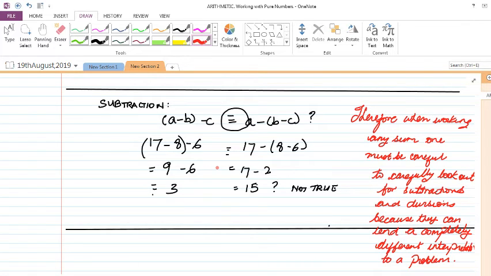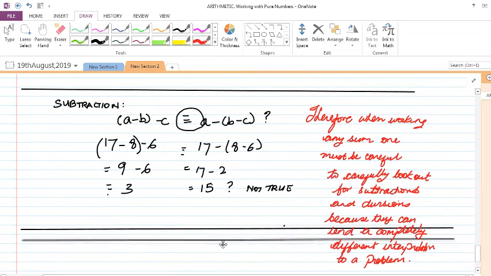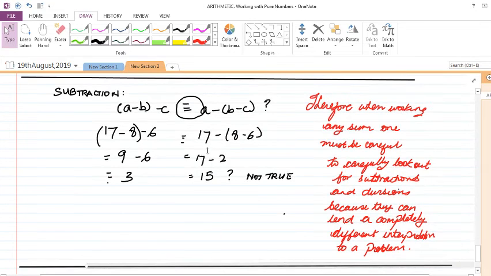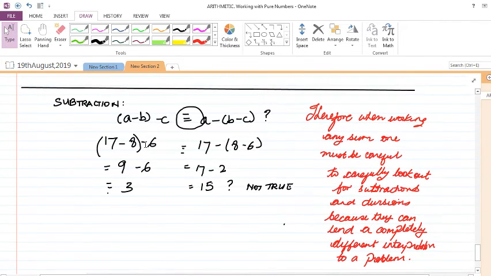Right, so most students have a problem recognizing these things being problematic when they're working with numbers. But when working with symbols, many students have a problem.